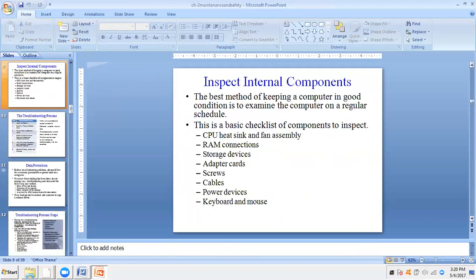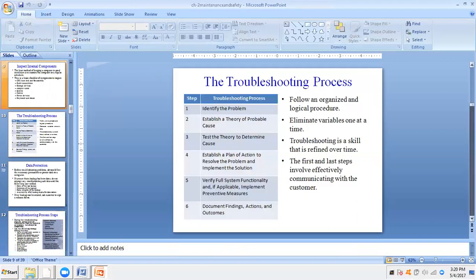As a computer technician, you should follow some procedure whenever you are trying to sort out some problem. So these are the troubleshooting process.